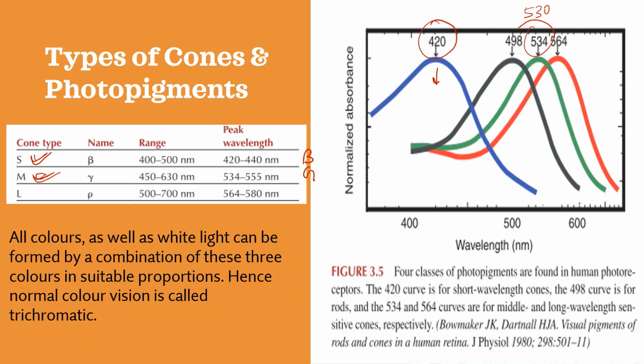And finally the wavelength of around 560 nanometer will excite the L type of cones, that is the long wavelength type of cones, that is psi, and also the R. Red color is seen through this. And also the four classes of photopigments, of course this grey color or black and white vision, dim light vision, this pigment is the rhodopsin pigment, and it is being excited somewhere near 498 nanometer.